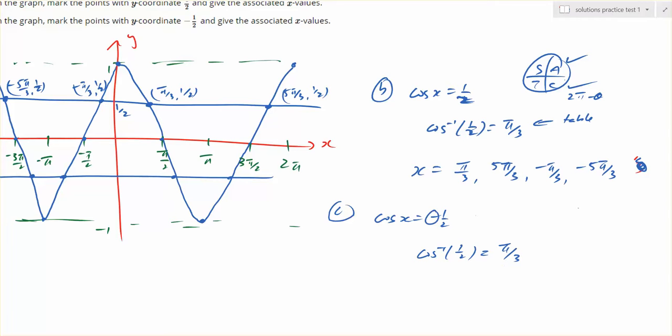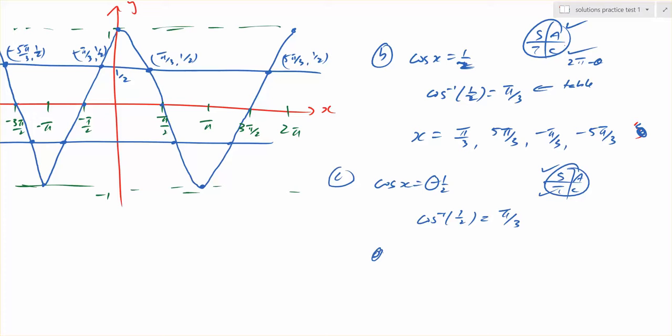But since it's negative, we're looking at solutions in different quadrants, namely the second and third quadrants. My solution in the second quadrant is pi minus theta, so pi minus pi over 3 is 2 pi over 3. My third quadrant solution is pi plus theta, so pi plus pi over 3 is 4 pi over 3.